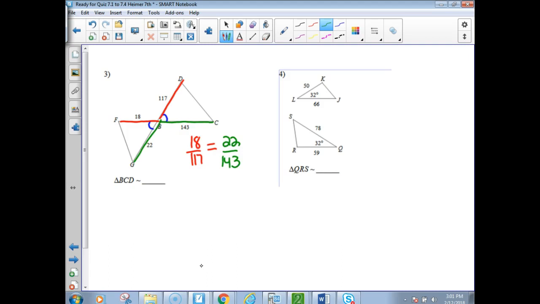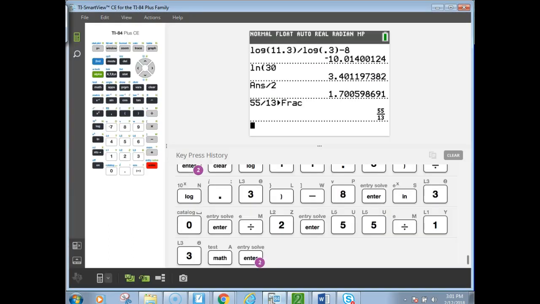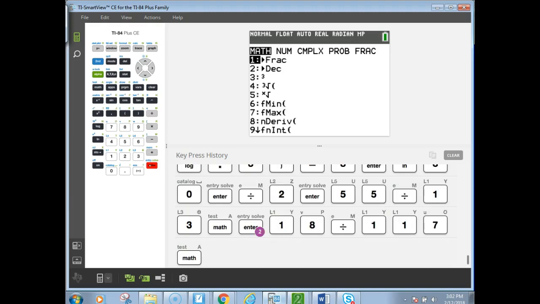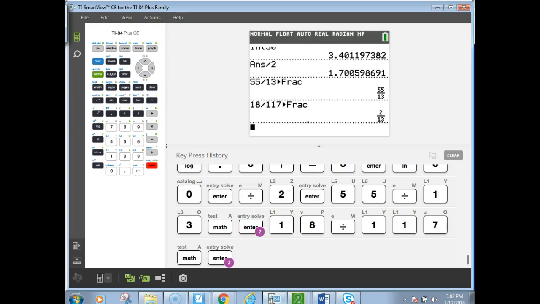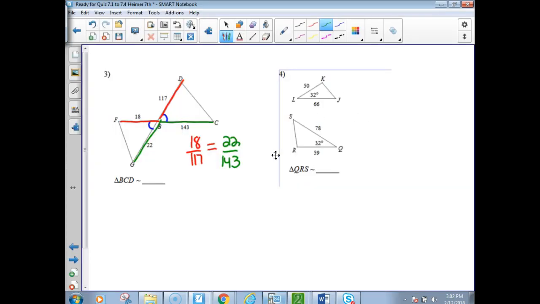Okay, I hope you're paying attention and that you understand why I'm comparing the numbers the way I am. Now I'm going to reduce these fractions. So grab your calculator, type 18 divided by 117. Enter. Practicing is helpful. 2/13.